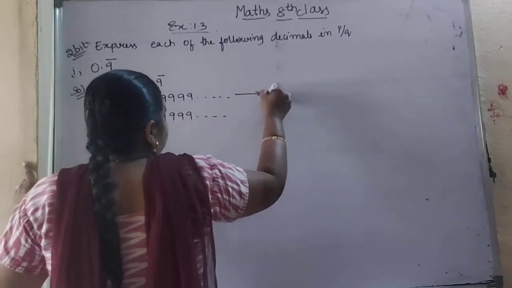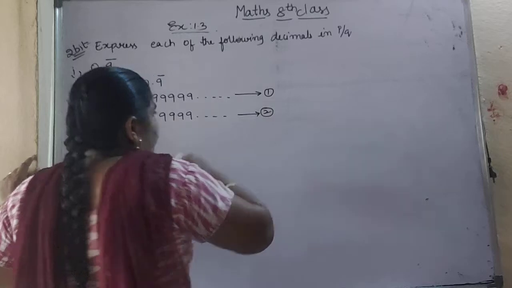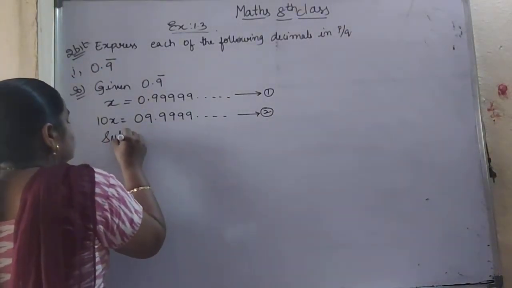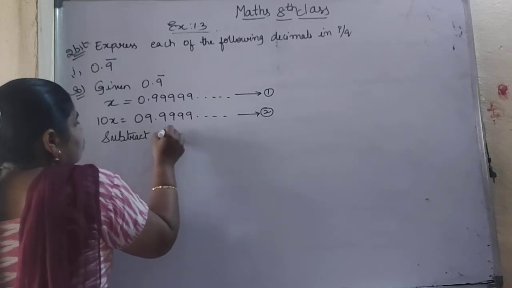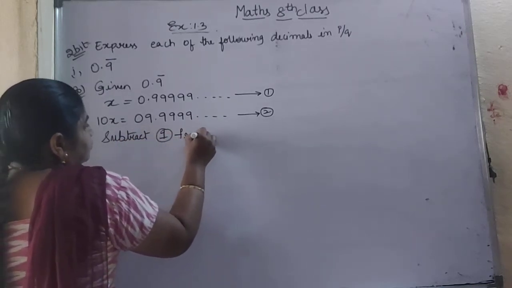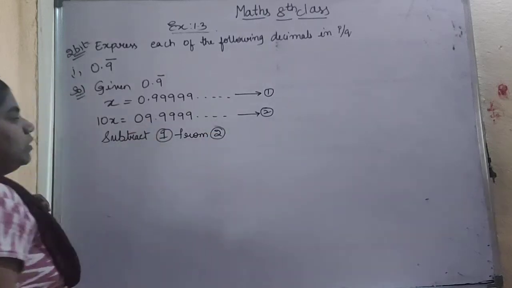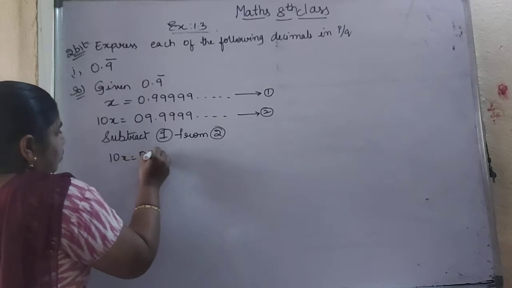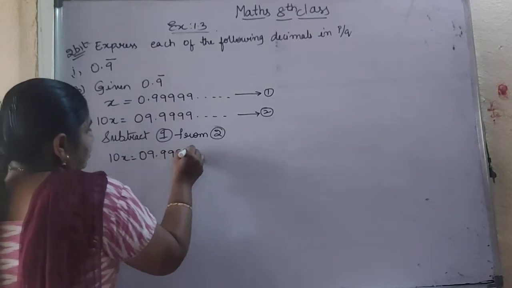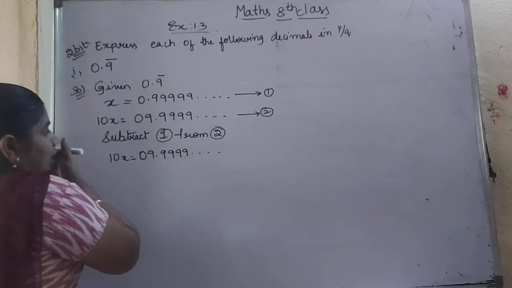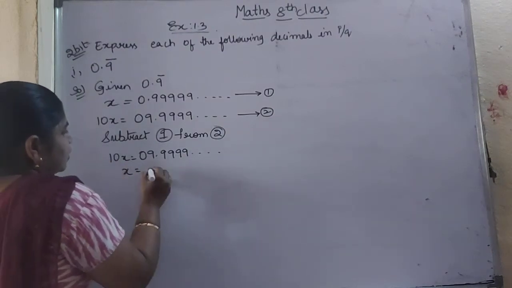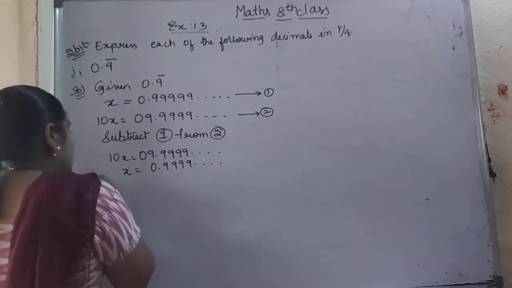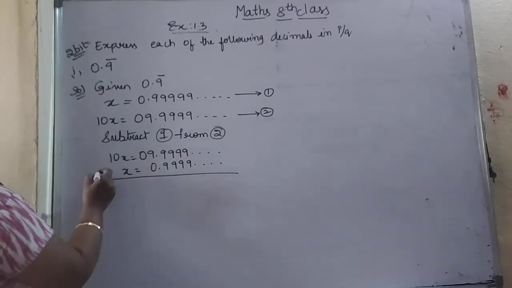This will be equation 1 and this will be equation 2. Now we have to subtract 1 from 2. So 10x is 9.9999 and so on, and x is 0.9999 and so on.